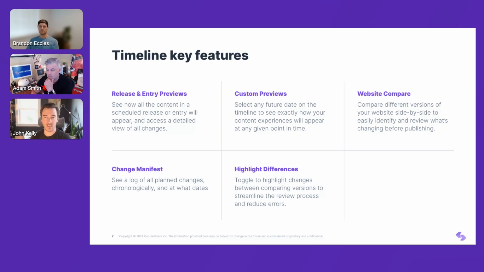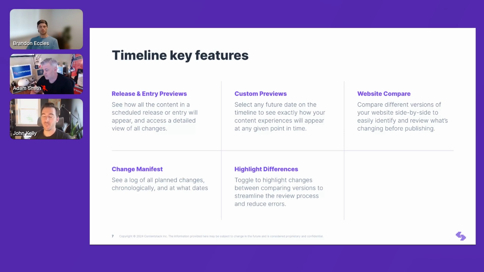And so if any of those scheduled updates or scheduled objects do change, it'll go ahead and recompute those and show you the updated version of your application on that date. It does provide the ability to compare a website or any two entries side by side, and along with that to be able to highlight those differences as well. And we're going to show that through our demo.